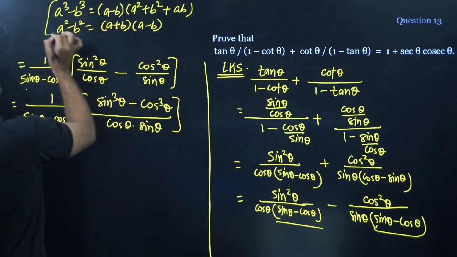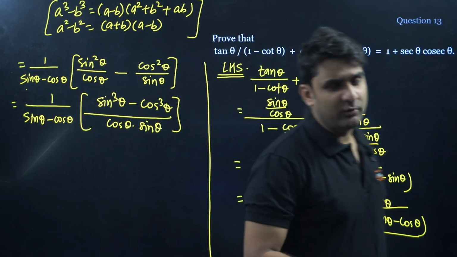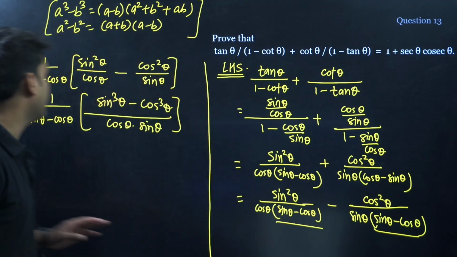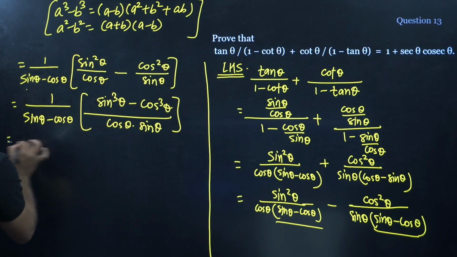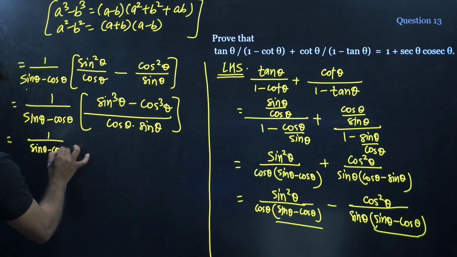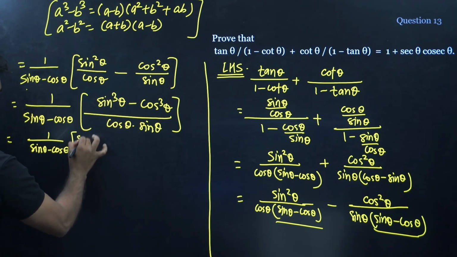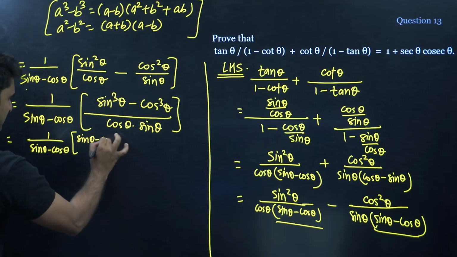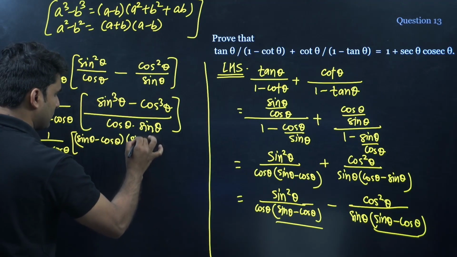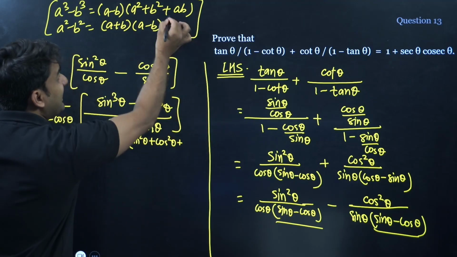Class 10th champions, please keep these two identities in mind whenever you are solving proof type questions, especially in trigonometry. So here this is a cube minus b cube. What will come, guys? A minus b. It means sine theta minus cos theta into a square plus b square plus ab.